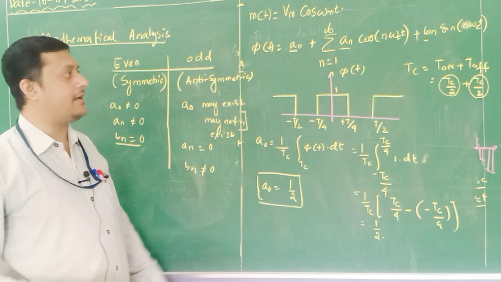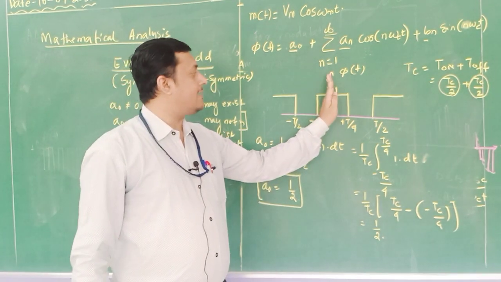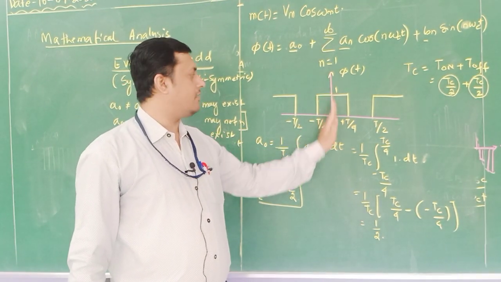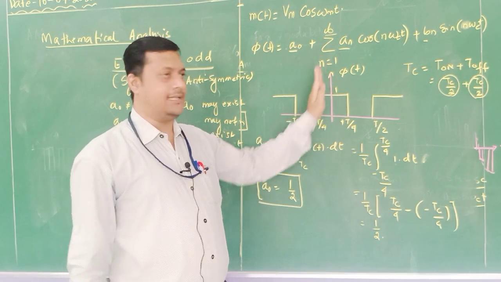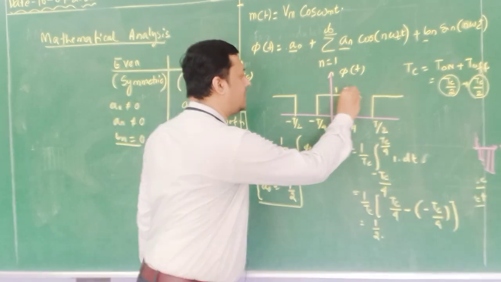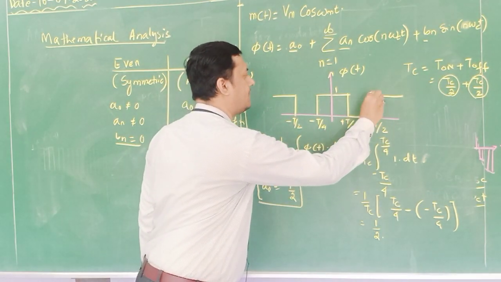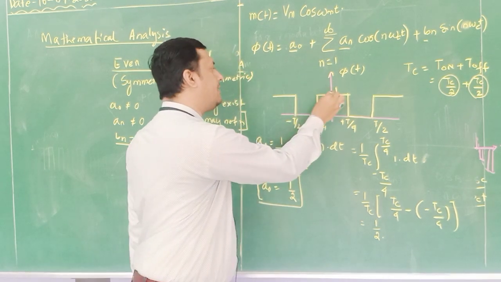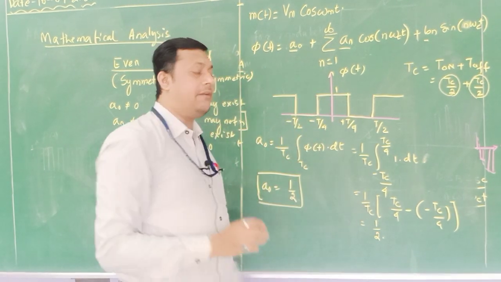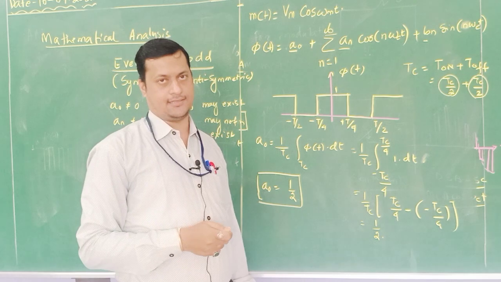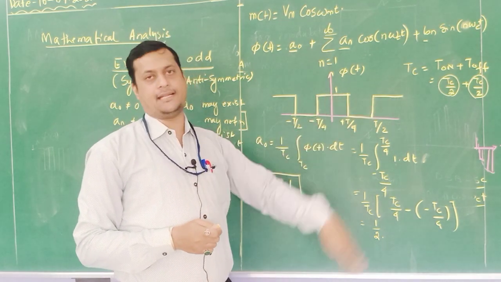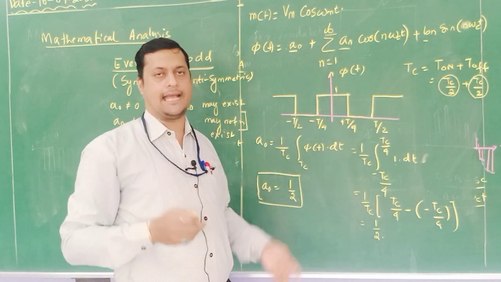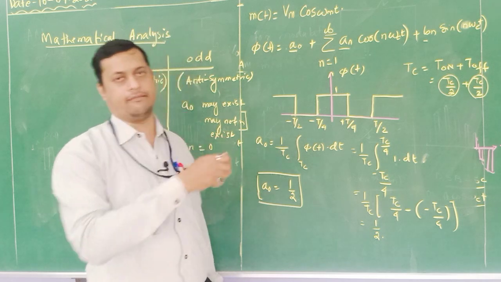How to identify? At this particular axis, you can see the signal available here. The same signal is available in a reflection manner. So if a reflection part is available on both sides of this axis, then we can say it is called an even signal.